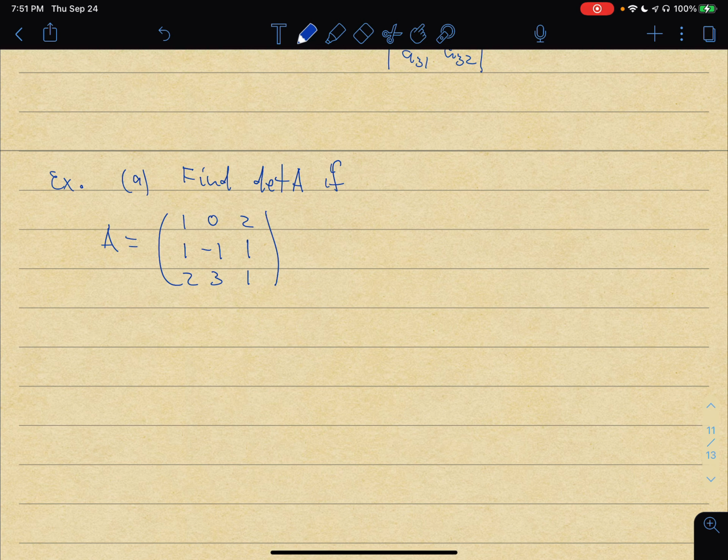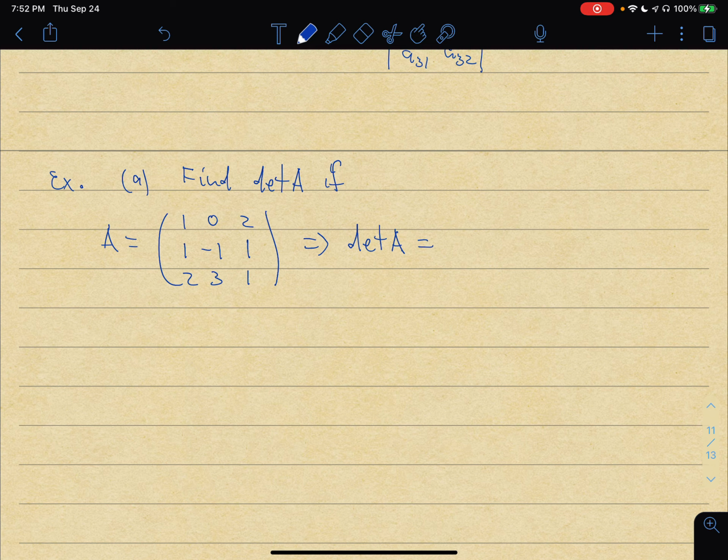Okay, so what is the determinant of this? Again, the same notation: either I write determinant of A, or I bound this table by vertical lines, and then that means I'm talking about the determinant. So what's the determinant of A?